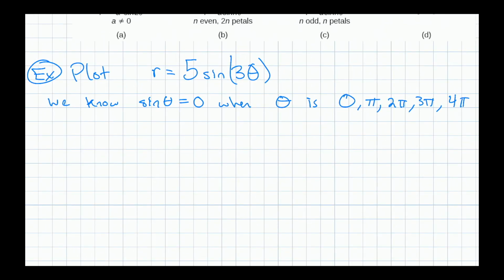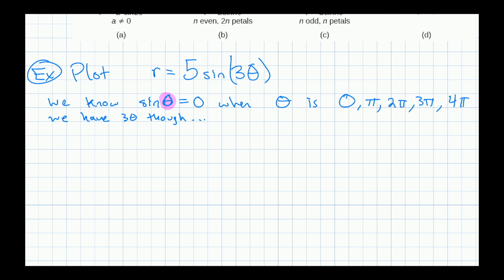Okay, but we do not have a sine theta. We have a sine 3 theta. So this is not what we have. We have 3 theta. So what's that mean? Instead of when theta is all these numbers, we would have 3 theta instead of theta.